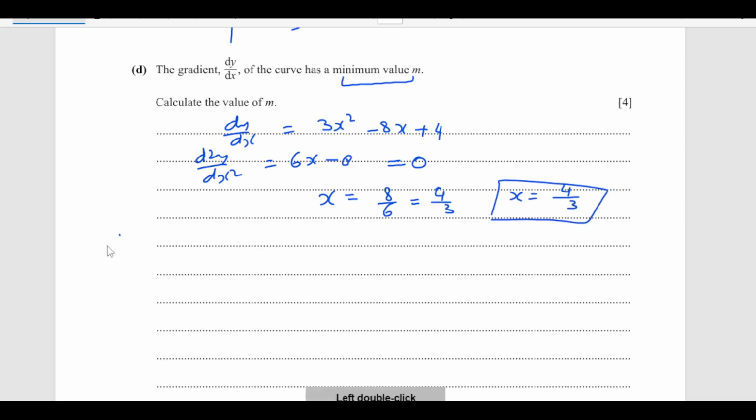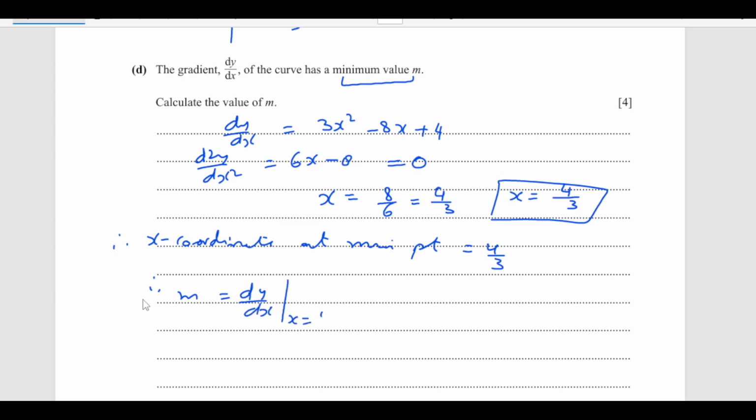So, the x coordinate at the minimum point is 4 over 3. Therefore, we are looking for the value of m. The value of m is the first derivative at x equals 4 over 3. The first derivative we already had from before.